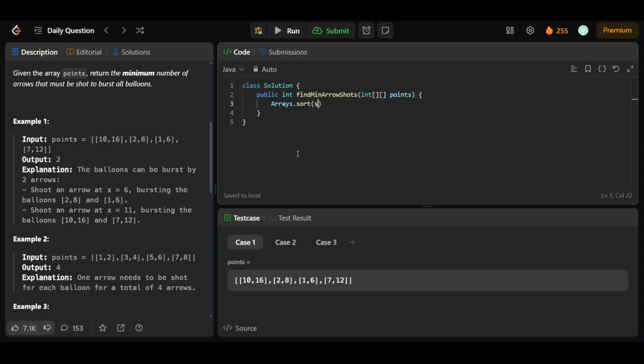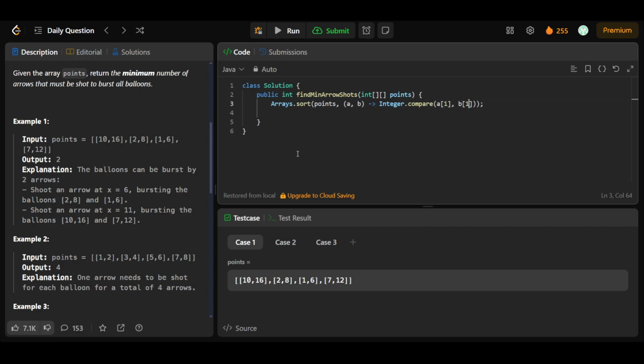Arrays.sort with a, b, and then we'll use an arrow function, sorting them on the basis of their ending points, a[1] and b[1]. Sorry, it should be points that we sort.